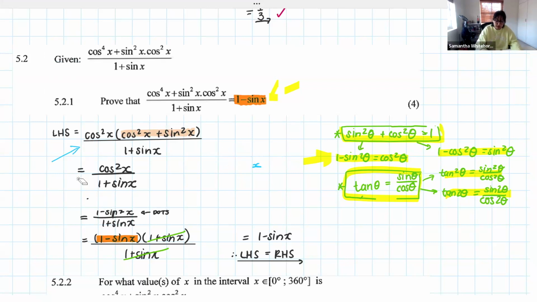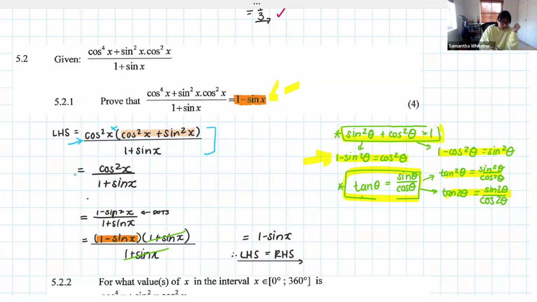You can also only start canceling once everything is either multiplication or division. So what I mean by that is, at this point here, everything was either multiplication or division. Inside my bracket, I had a plus or minus, absolutely, but it is still the cos squared times a bracket. You can cancel out the whole bracket. You cannot cancel out individual terms.